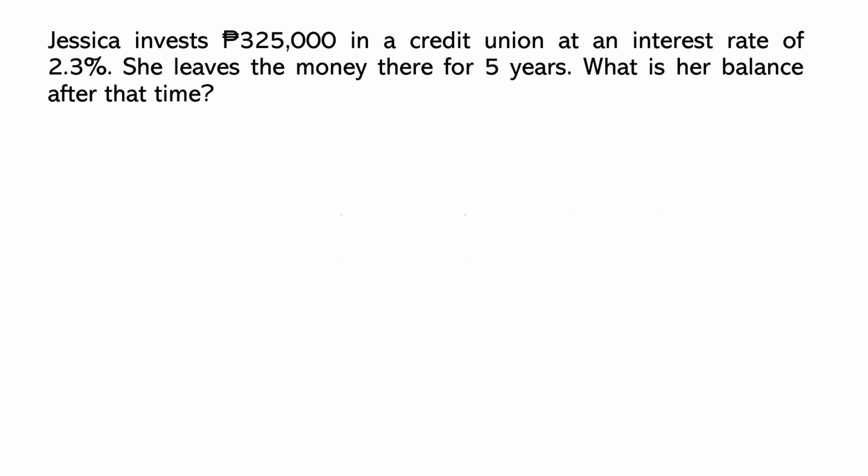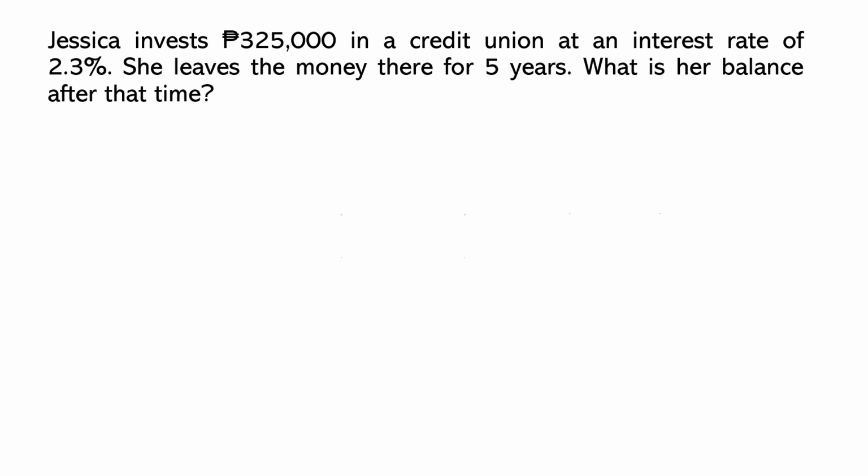That means it's looking for the final amount. Given that the invested amount or the principal amount is 325,000 and the interest rate, it's understood to be simple interest since it doesn't say it's compounded. So it's 2.3%, and that is automatically annually if it's simple interest. And so we're going to leave it for 5 years.